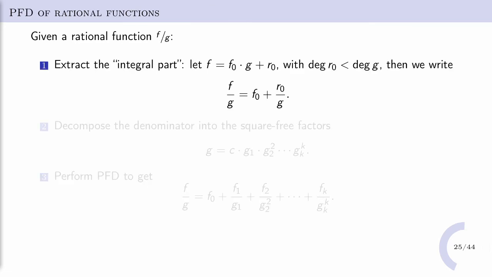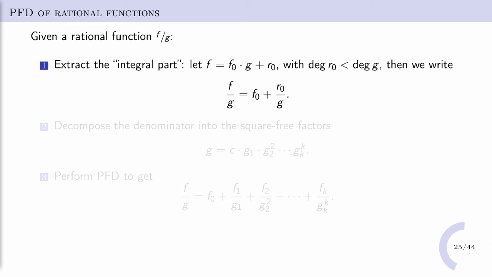We can use this with a rational function as follows. We start with a rational function. First of all, we just make this fraction simple. We just divide, in case the numerator has a degree greater than the denominator.